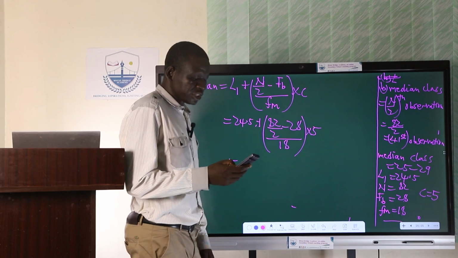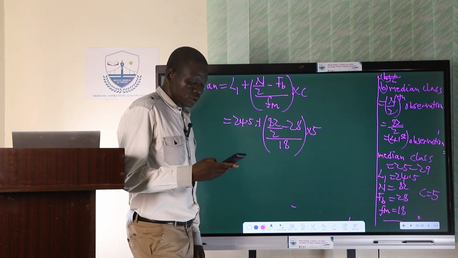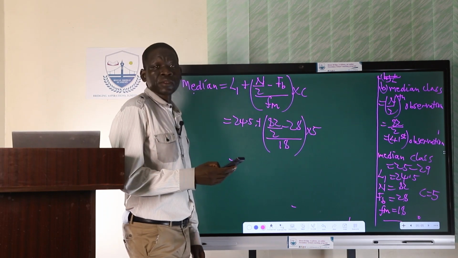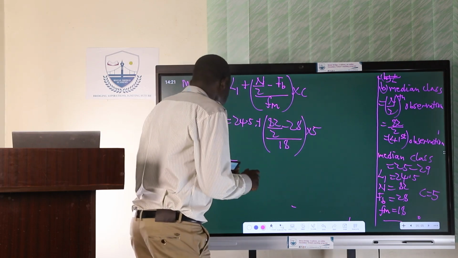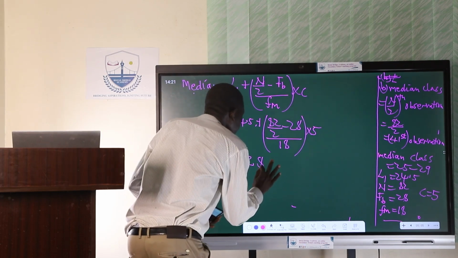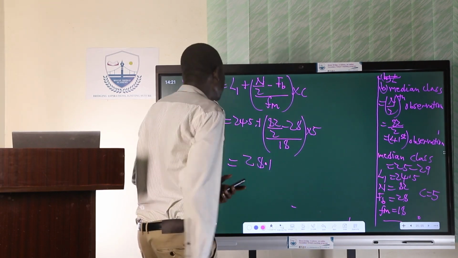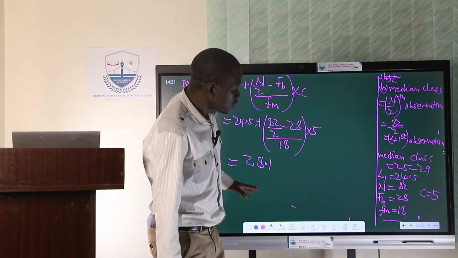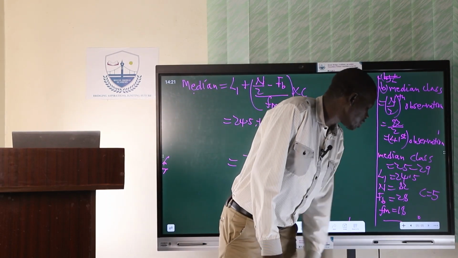And then 3.6 plus 24.5, we find that we get 28.1, which is approximately 28, and we can say that 28 lies within this class, between 25 and 29.